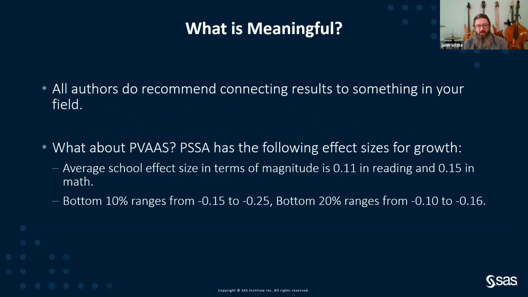So what about PVAAS and what about PSSA in terms of differences of where students are scoring in a given year versus where they're expected to score? Maybe we step back to the 2019 data to look at creating a model where kids were expected to score based on the average experience that year versus where they actually did score.